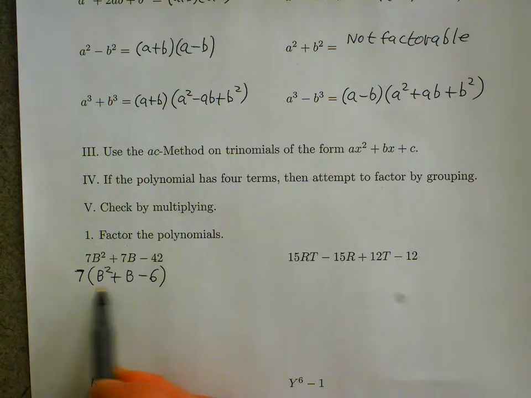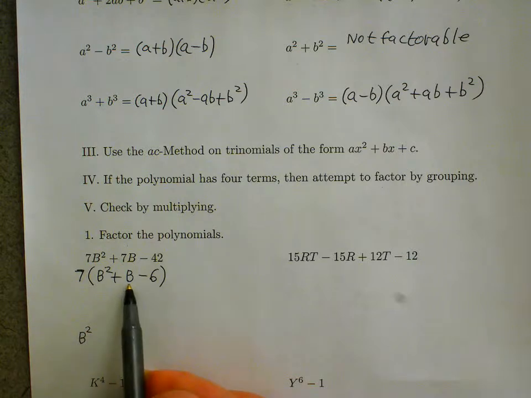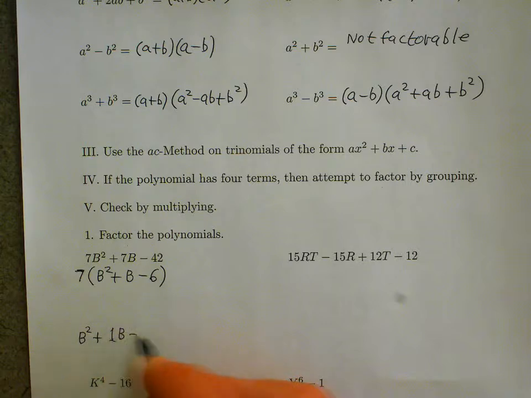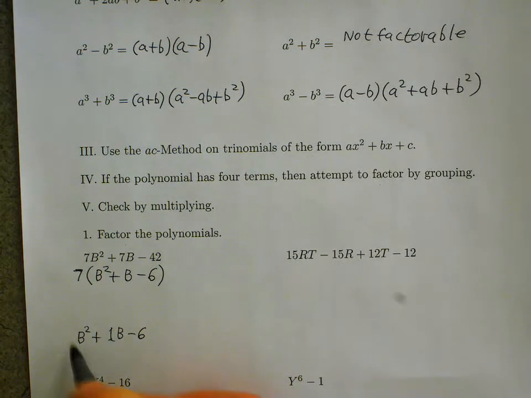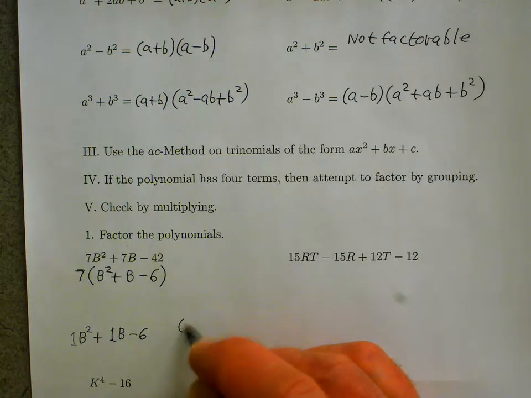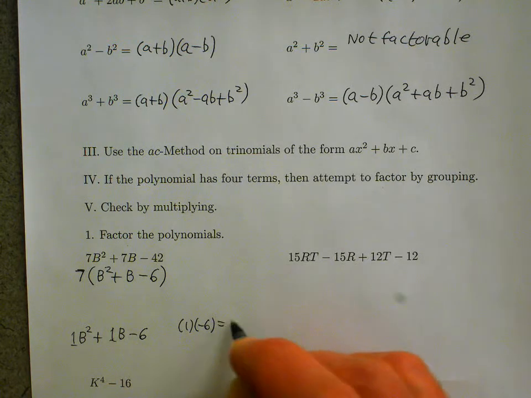So let's look at that down here by itself. Remember, if you have a variable by itself, it's understood that the coefficient is 1. So I'll write the coefficient here, b squared plus 1b minus 6. And the coefficient of b squared is also 1. If we apply the AC method, we multiply 1 times negative 6, which is negative 6.